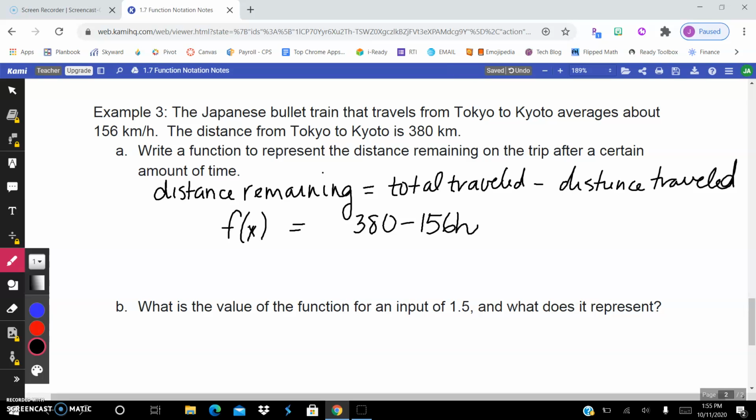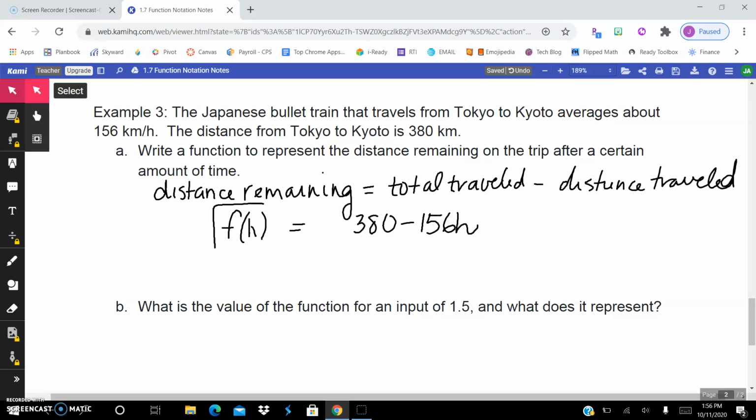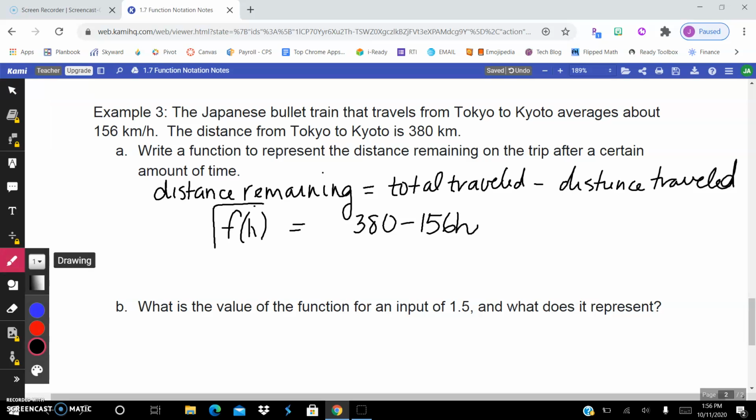So each hour we can go 156. So that would be our function notation, except for I made one mistake. I called it x in the f of x, but I called it h over here. So those variables definitely have to match. So I'm going to change that one to an h. Okay, so that is our formula, or our function that we have to use.